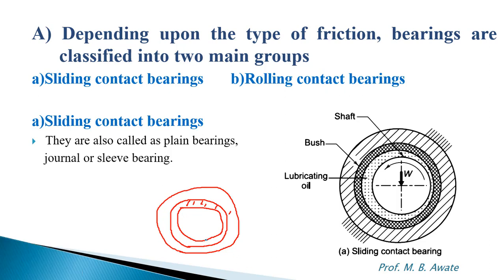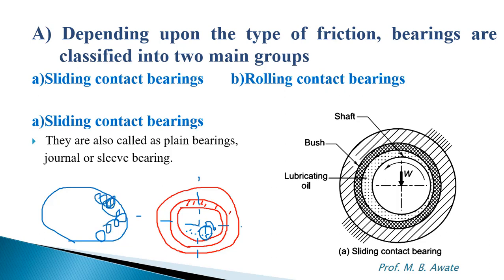You can take a shaft, and this shaft is eccentric with the axis of the bearing, and in between them there is a lubricating oil. So whenever this shaft is rotating, like this is a surface of the bearing, and suppose this shaft is rotating, so it is rotating like this.